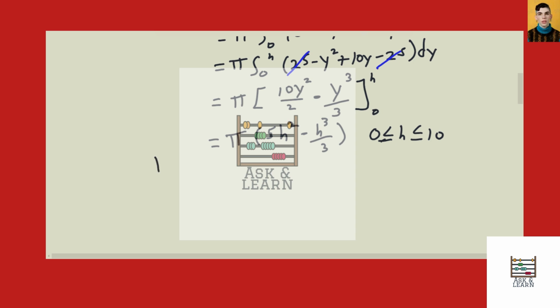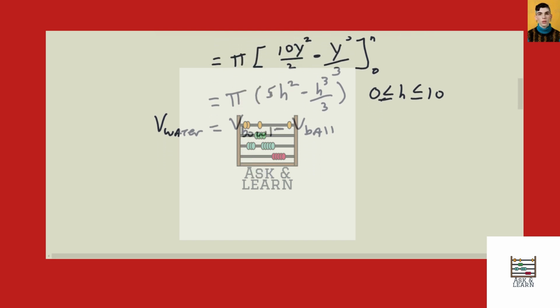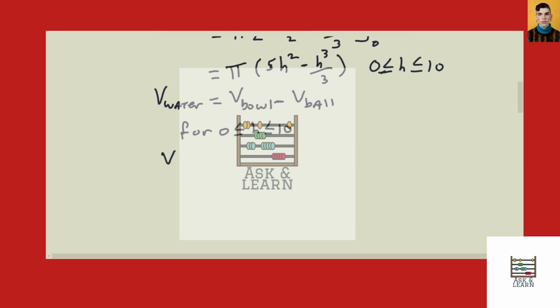All right, so the volume of the water in the bowl is the volume of the bowl minus the volume that the ball takes up at any point in h. So for 0 less than or equal to h less than or equal to 10, for a height of 10 centimeters or less, the volume of the water is our two formulas together.